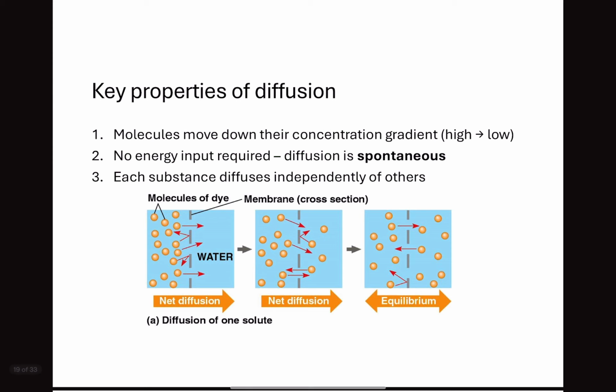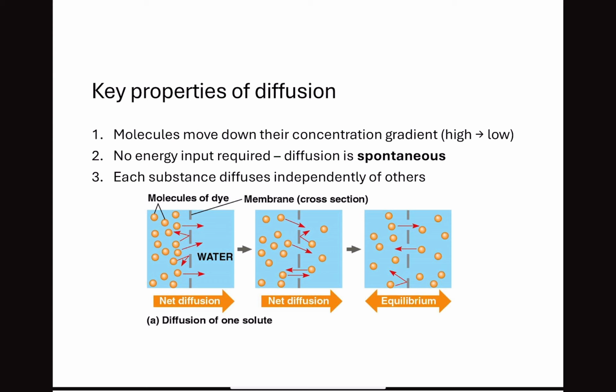So the key properties of diffusion are fairly simple. Our molecules are going to move down their concentration gradient. Each substance diffuses down its own concentration gradient independent of the concentration gradients of other substances.